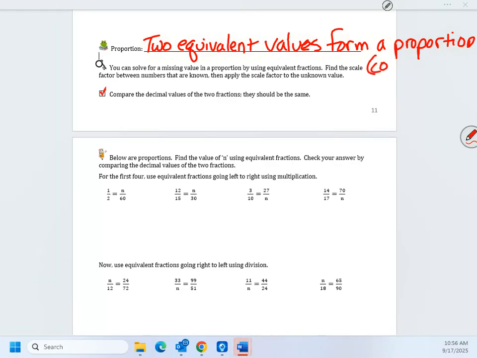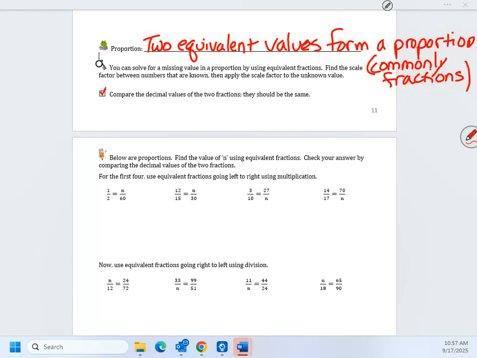Usually, it's commonly as fractions. So usually when we see proportions, we see them as fractions. So you can solve for a missing value in a proportion by using equivalent fractions.